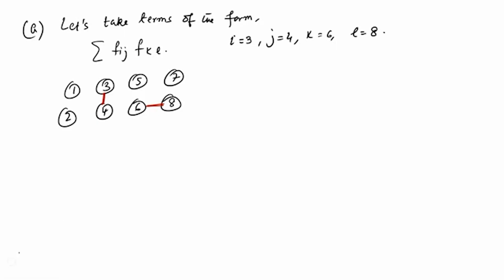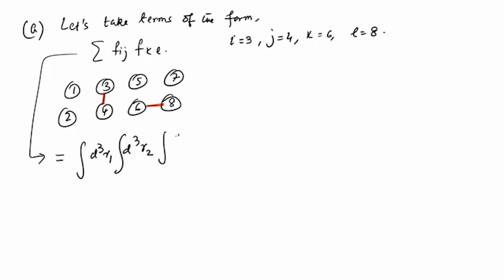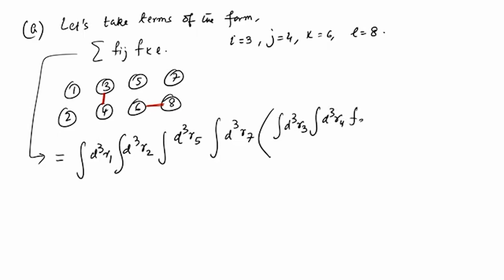The corresponding expression can be written as d³r₁, d³r₂, all these integrated over d³r₅, d³r₇, and now let us introduce a bracket, in which we have d³r₃, d³r₄, and we have f₃₄.